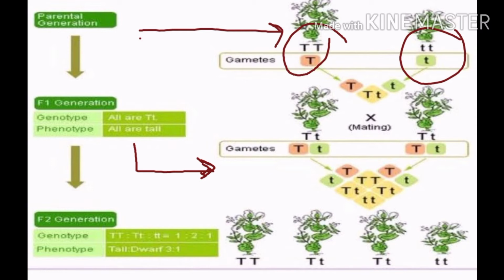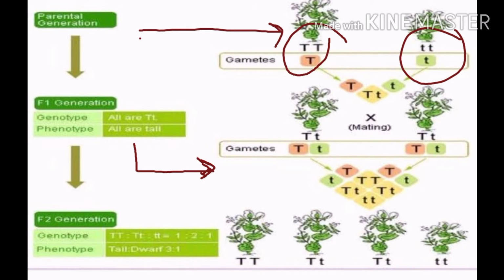It means the gene of the short plant was present in the F1 generation, but it was not being expressed, and as a result we did not get any short plant.